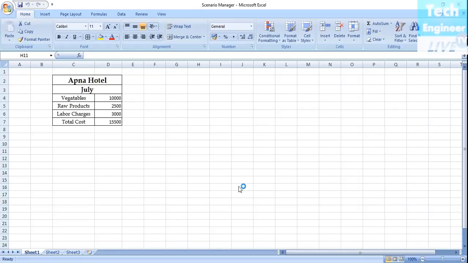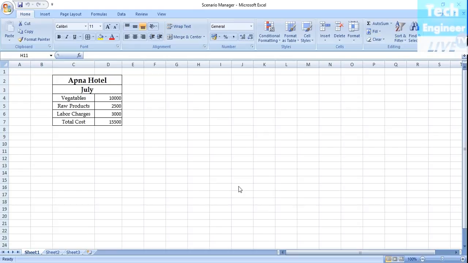Labor charges are more. So overall, the total price will be 15,500 rupees. There is a possibility that I would shell out 15,500 rupees. This is the expectation.